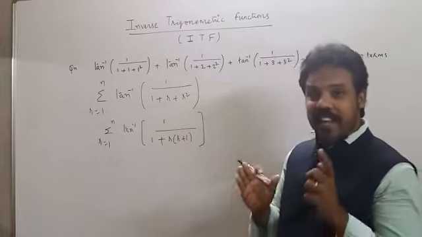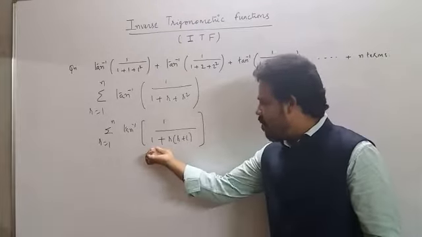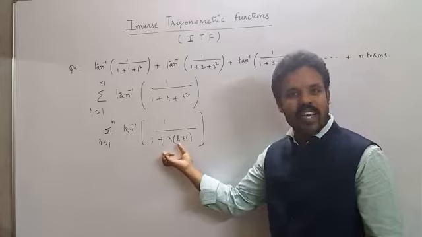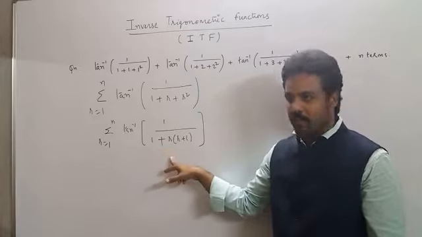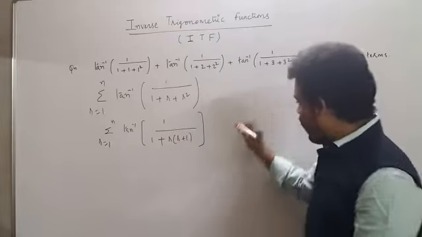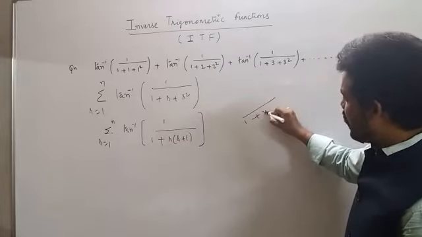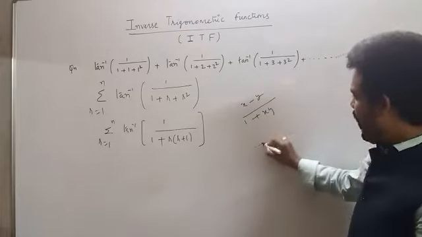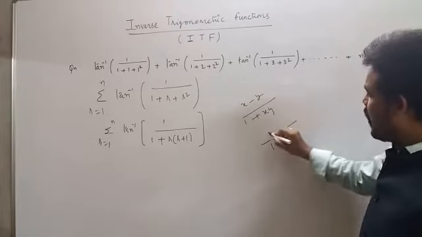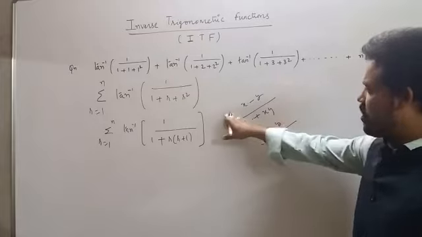The student should get an idea that it is already in the form of 1 plus xy. If the denominator is in the form of 1 plus xy, then obviously the numerator will be in the form x minus y. If it is 1 minus xy, the numerator will be x plus y. Of course, tan inverse.